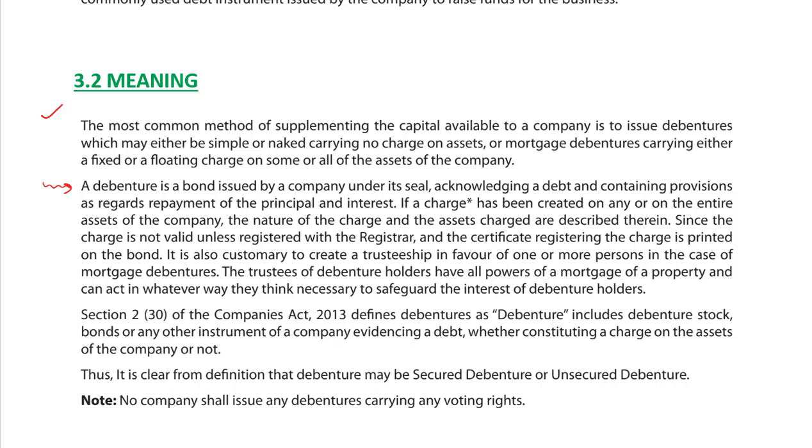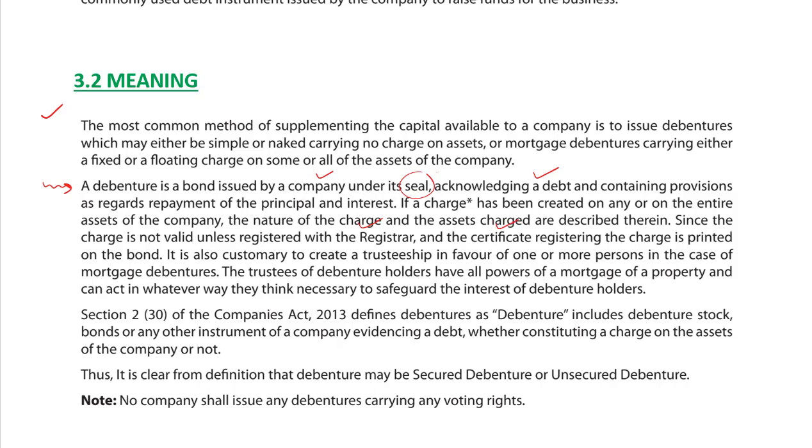A debenture is a bond issued by a company under its seal, acknowledging a debt and containing provisions as regards repayment of the principal and interest. If a charge has been created on any or on the entire assets of the company, the nature of the charge and the assets charged are described therein.